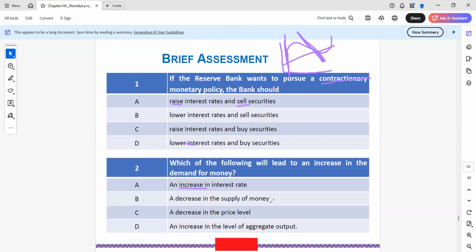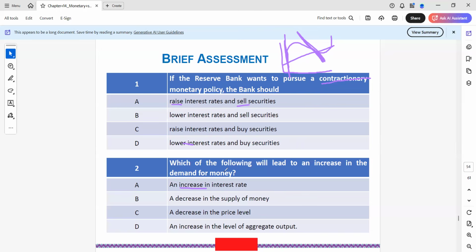Decrease in supply of money cannot be anything that has to do with supply, because remember we said the demand for money is independent of supply, right? It's dependent on the interest rate. Or we said it's influenced, but it goes with the interest rate and not with the supply of money.